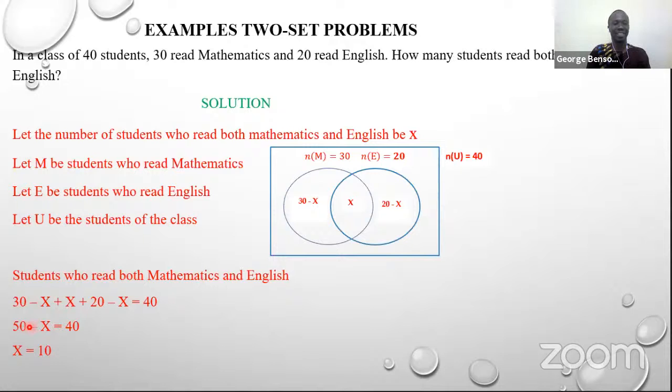So in this case, you want to send the 50 and 40 to one side, and x will be on the other side.